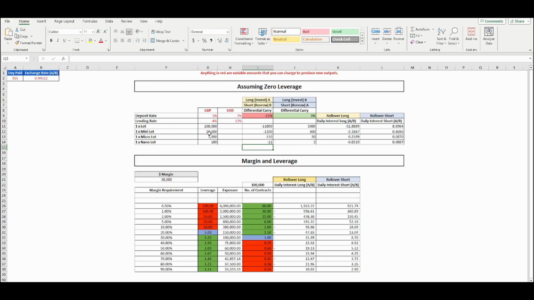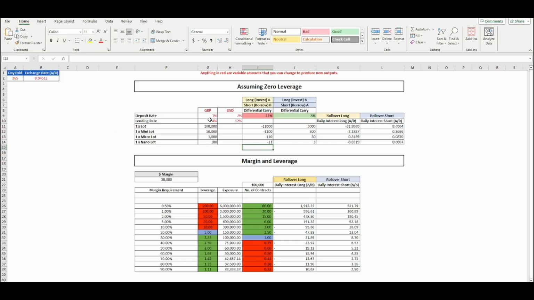So the deposit rate is essentially the rate at which you acquire the asset, the time that you actually execute your trade on GBP USD. The lending rate is essentially the rate at which you cover your position. Remember, for every buyer there is a seller, for every seller there is a buyer.